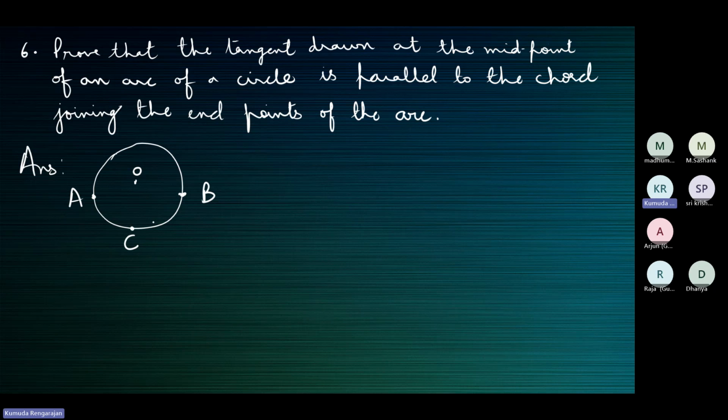There's a tangent through C. This tangent is parallel to the chord joining the endpoints of the arc. When you join the endpoints AB, you see the chord AB. You need to prove that the tangent is parallel to the chord.